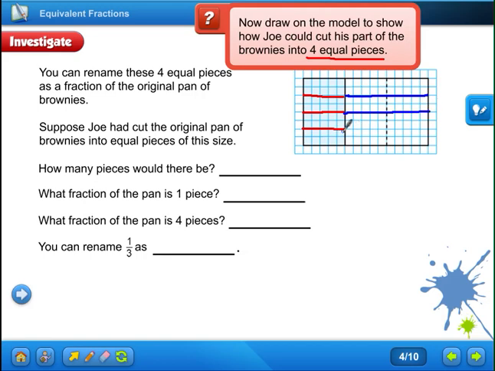But if he did cut them smaller, how many pieces would there be? So let's count them. 1, 2, 3, 4, 5, 6, 7, 8, 9, 10, 11, 12. There would be 12 pieces.